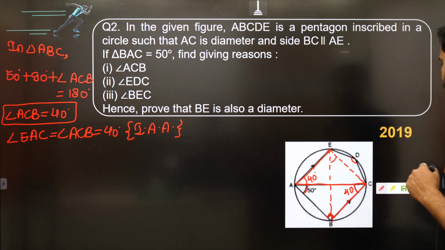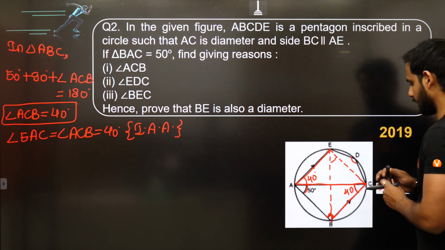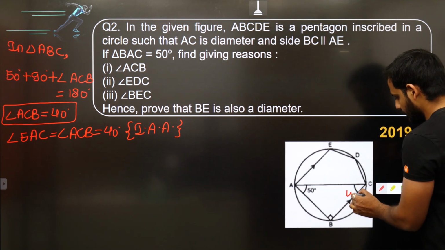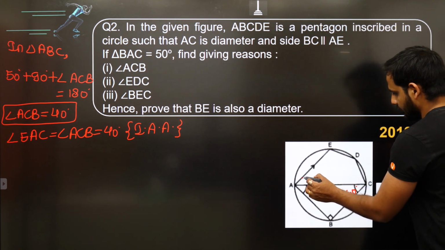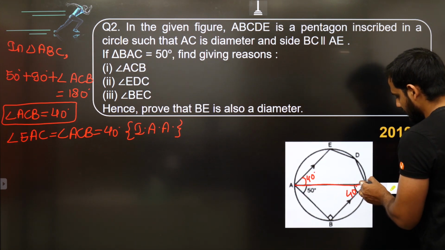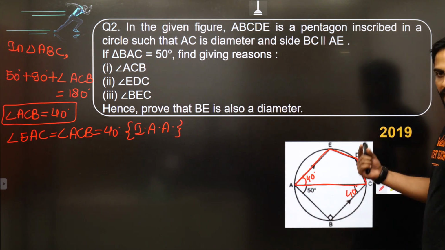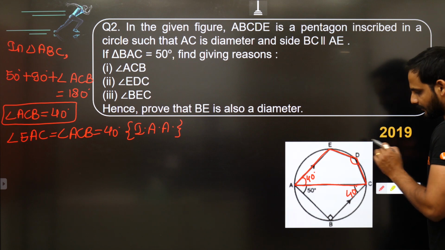Now we want to get EDC. If we want EDC, beta, EDC is also very easy. Now focus here. By whatever we have got, this is 40 and this is also 40. Now if you look at this part, beta, it is a cyclic quadrilateral, and in a cyclic quadrilateral the opposite angles are supplementary.